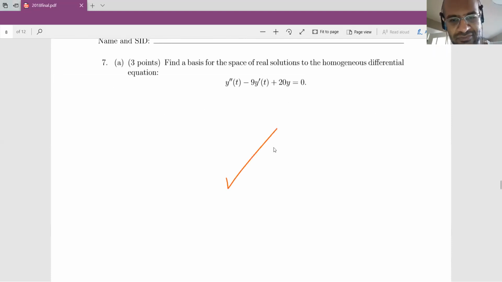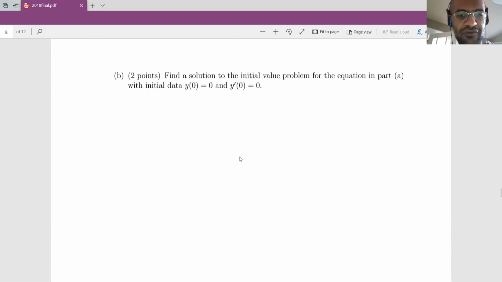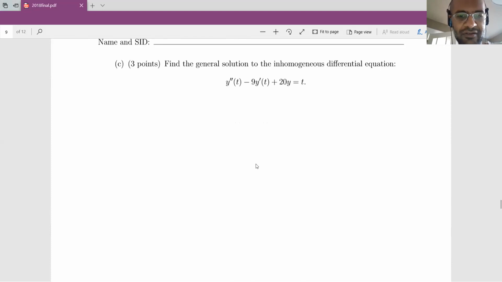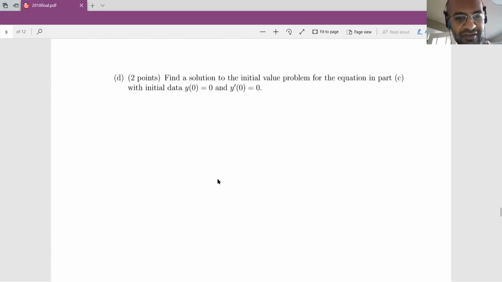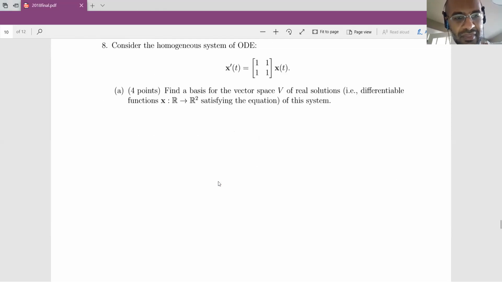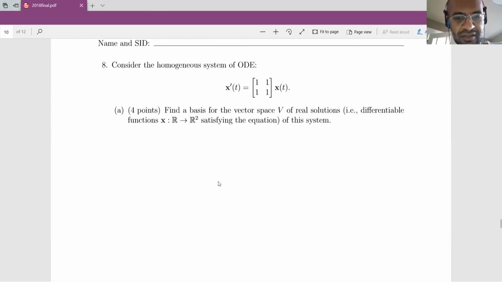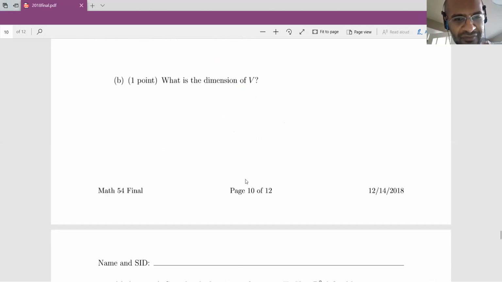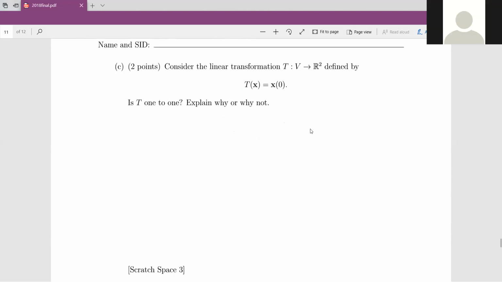That's easy. This is solve initial value problem. That's easy. This is find another inhomogeneous solution. That's also easy. Find initial value. Easy. System of ODE. Easy. Everything mechanical, really. Kind of shocking how mechanical all the rest of this was.